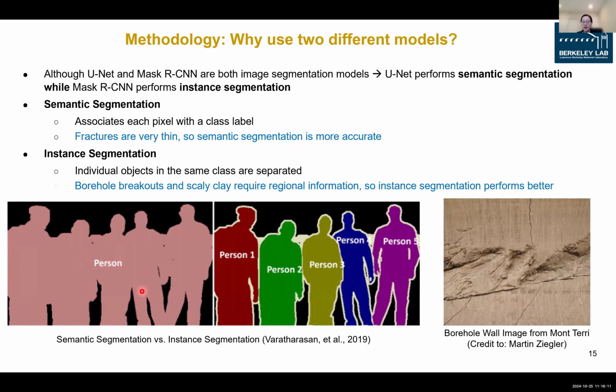This is very suitable for segmenting fractures because they're thin, so this approach can be more accurate. And then you have other features like borehole breakouts, where individual objects need to be separated. Those are clustered features with smaller ones. If you zoom in on individual features, because this requires regional information, instance segmentation performs better.